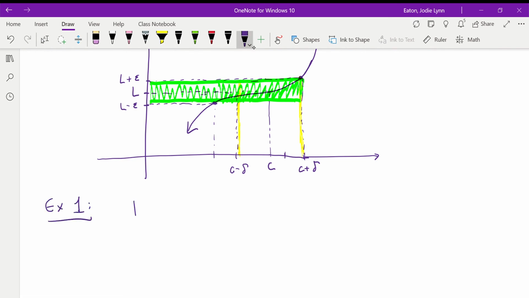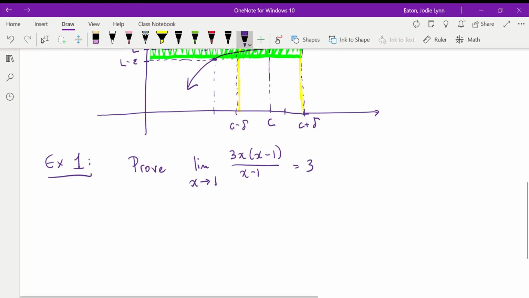So we're going to prove that the limit as x approaches 1 of 3x times x minus 1 over x minus 1 equals 3.